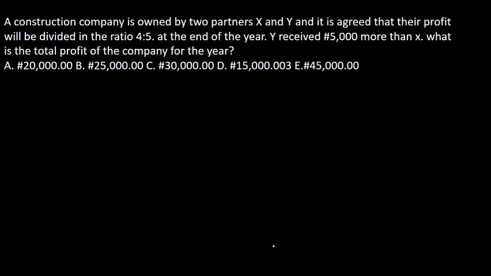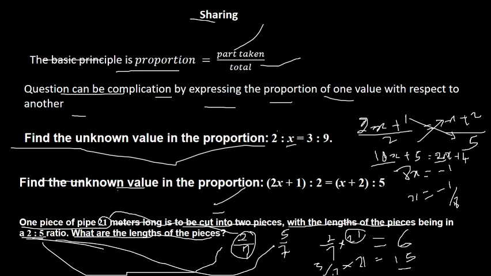If you are given a ratio, you can convert it to proportion. So what you need to do is add everything together, and take part all over the total.